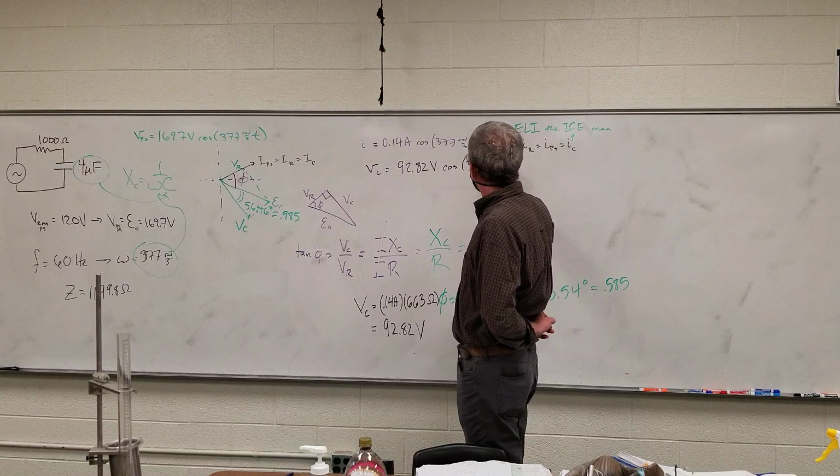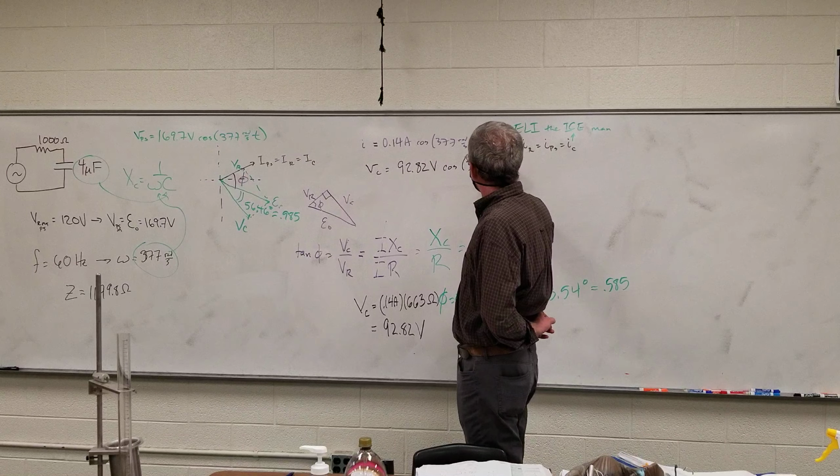So the Ohm's law equivalent, and then we also have epsilon sub 0 equal to I times the impedance. So these formulas are always going to be true as we work through this.